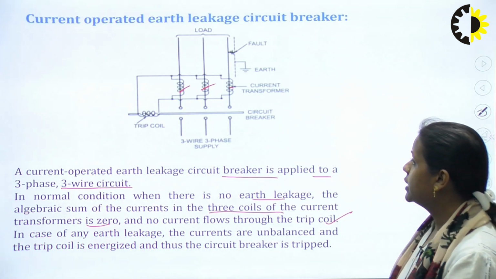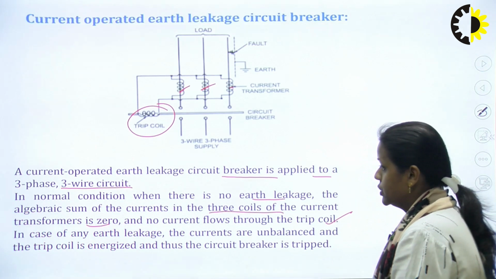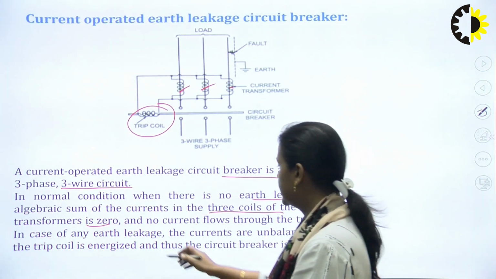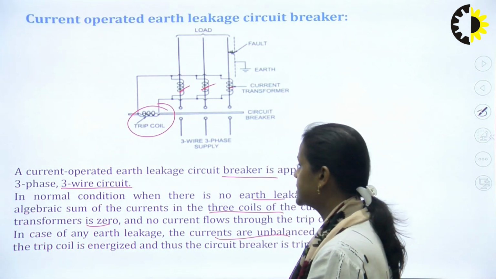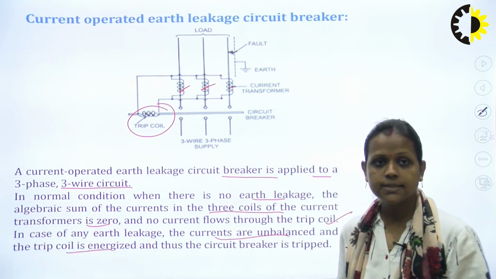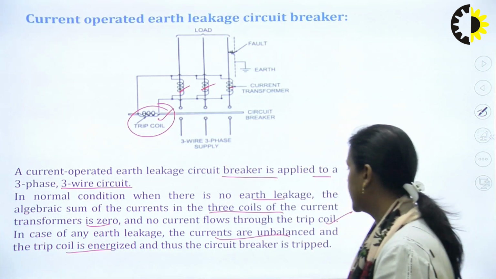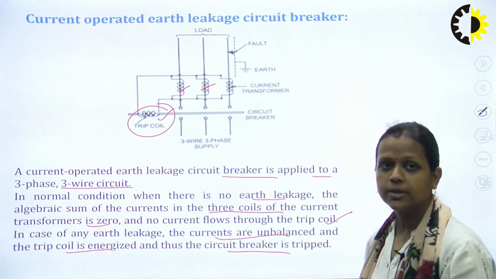In case of any earth leakage, the currents are unbalanced and the trip coil is energized. So if there is any kind of unbalancing, this trip coil will get energized and the circuit breaker is tripped, right?